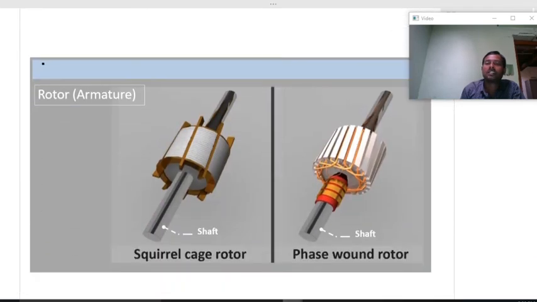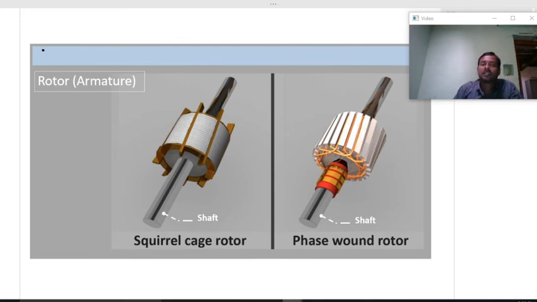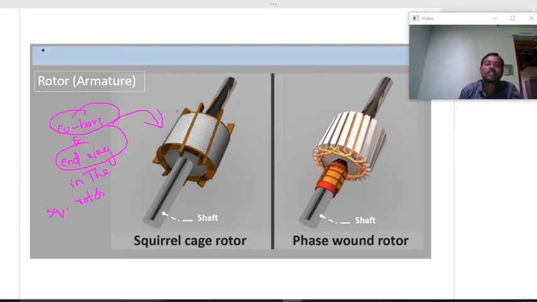So after inserting the copper bars and end rings in the rotor of the squirrel cage induction motor, look at this one.